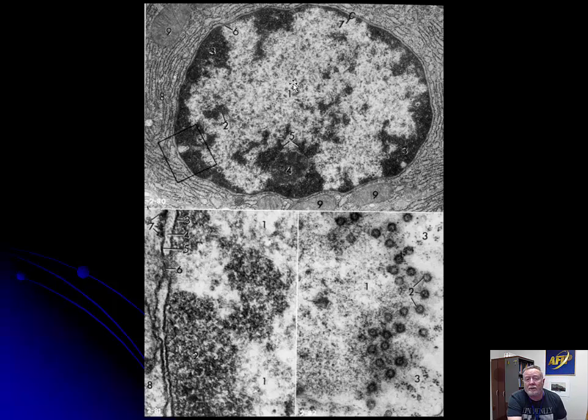Nuclei have two types of chromatin. They have this dark heterochromatin at the edge. This is junk, I call it junk chromatin. It's stuff that the cell's not using. It might be for stuff that this cell's never going to make. It might be damaged chromatin, but it's junk. And so it accumulates at the edge of the cell membrane.